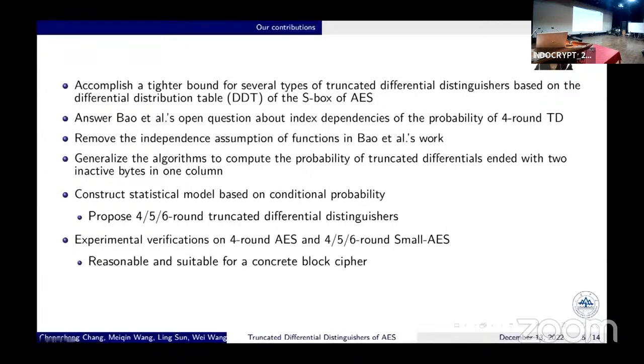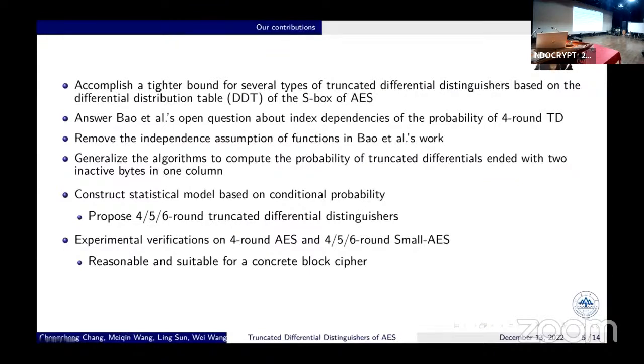Then we can publish a tighter bound for several types of truncated differential distinguishers based on the ability of the block cipher. We calculate all the input and output combinations of 4 rounds of computer differentials and give an index hypothesis of the probability of the 4-round computer differential. At the same time, from the two-sided comparison, it shows that we don't use a fraction of the difference.